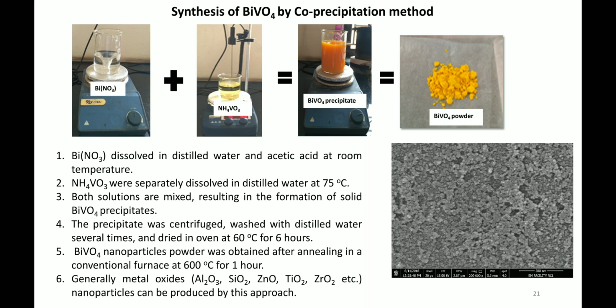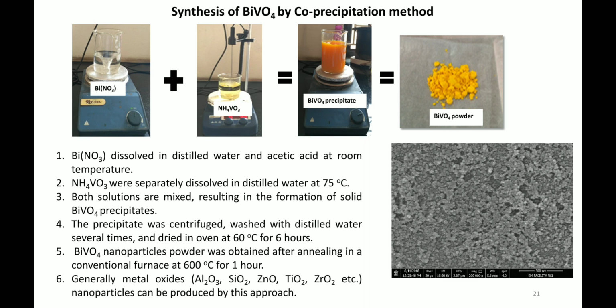Similarly, NH4VO3 is another precursor, which you take in a separate beaker and dissolve in distilled water, but this time you may need to supply some heat energy, like 75 degrees centigrade.